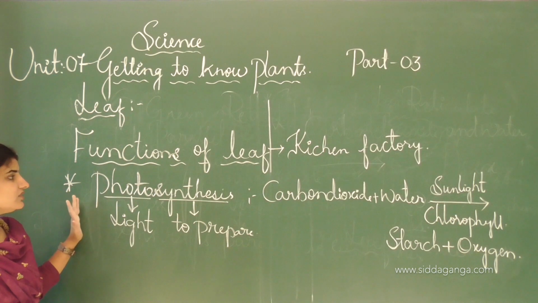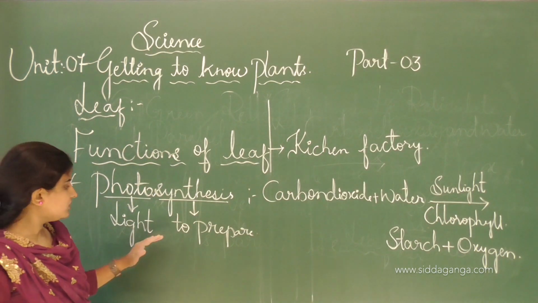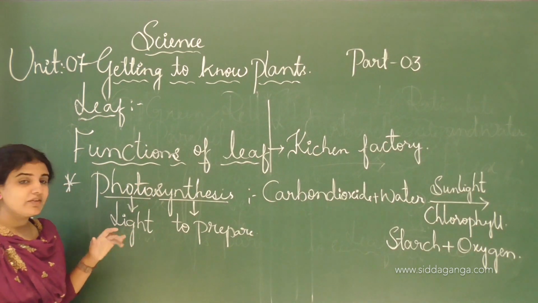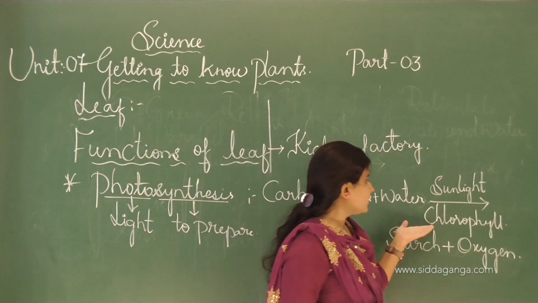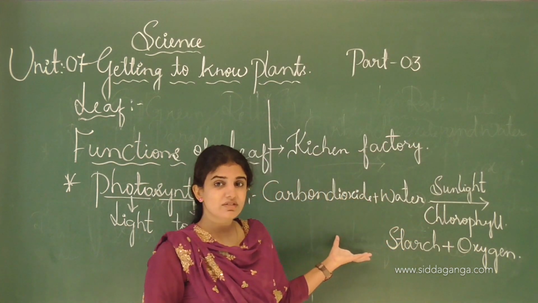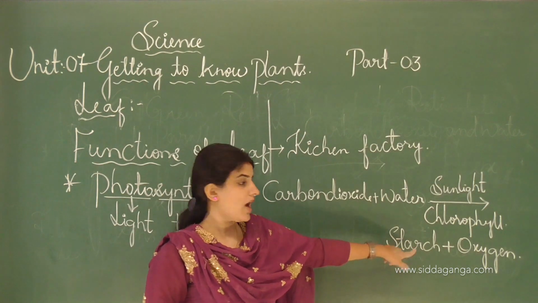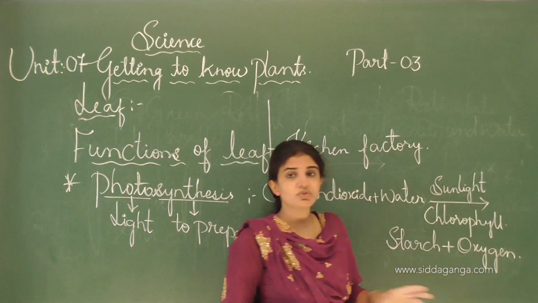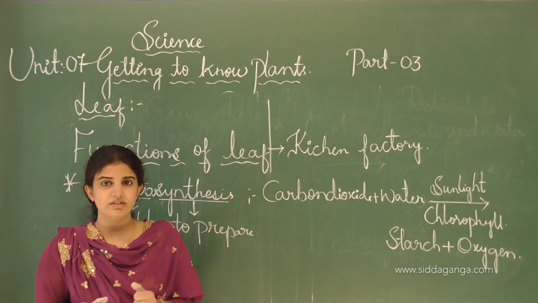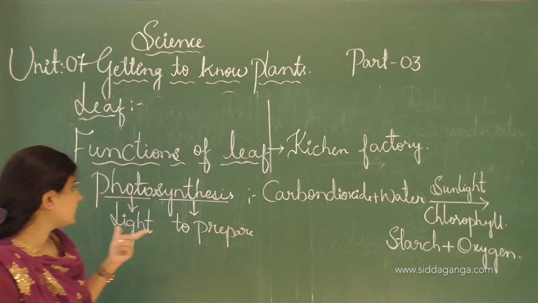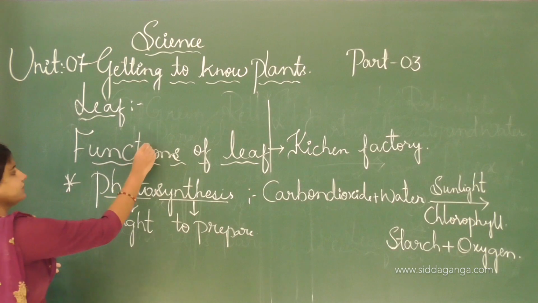Photosynthesis is nothing but the food preparing process with the help of light and various simple substances like carbon dioxide, water, and chlorophyll. By utilizing these simple substances, the plant prepares the food, nothing but the starch, and gives out oxygen to the atmosphere, thereby utilized by living organisms. This is one of the functions of the leaf.